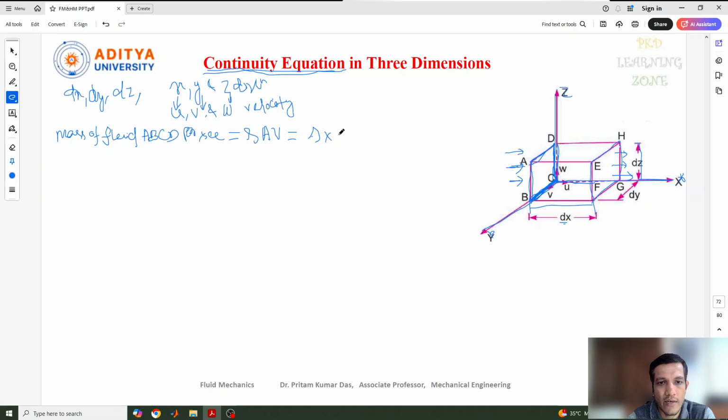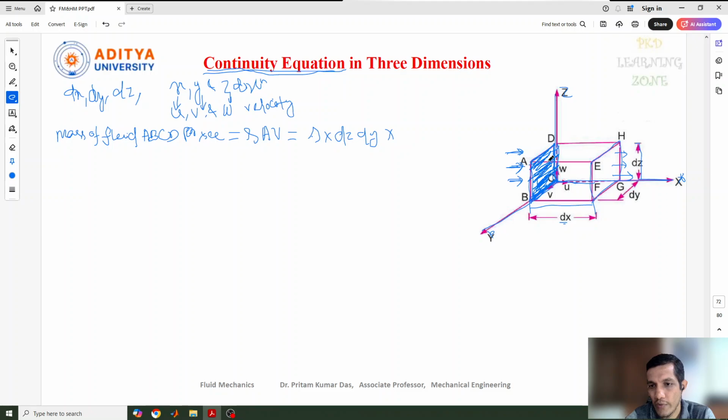So here we write dz and dy, into the velocity in the direction of fluid flow. The fluid is flowing in this direction, as shown by the arrow mark. So this is the surface, the total surface of this.